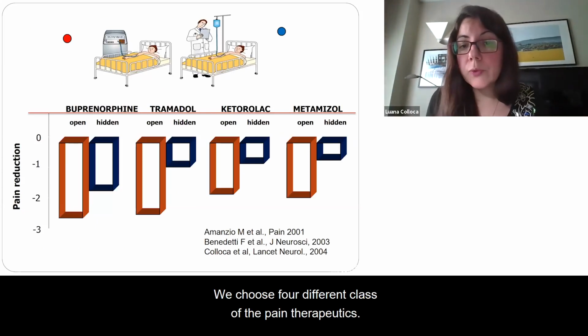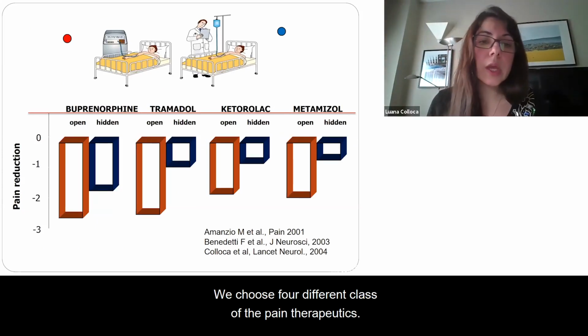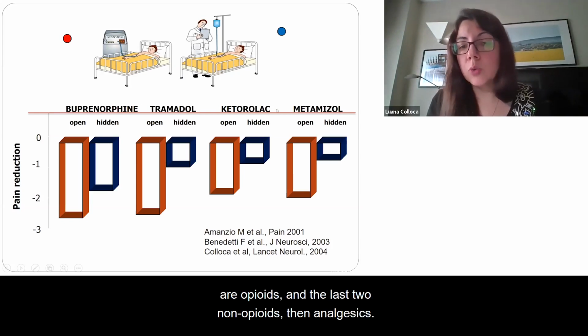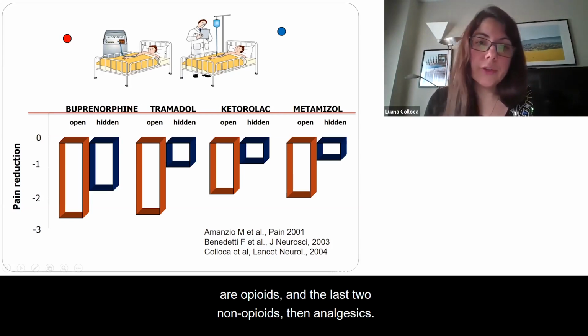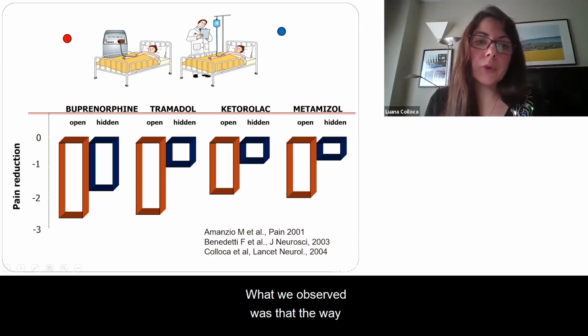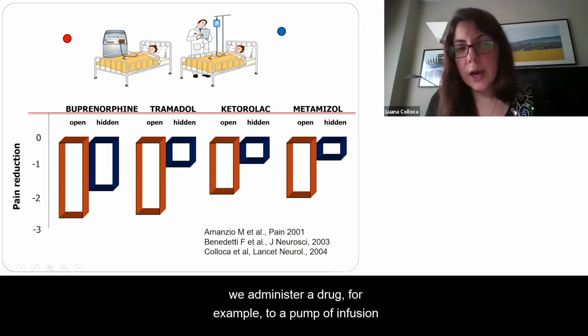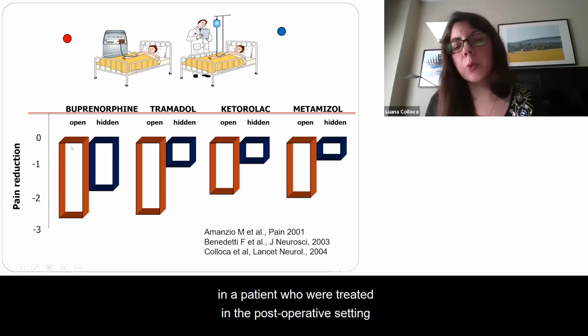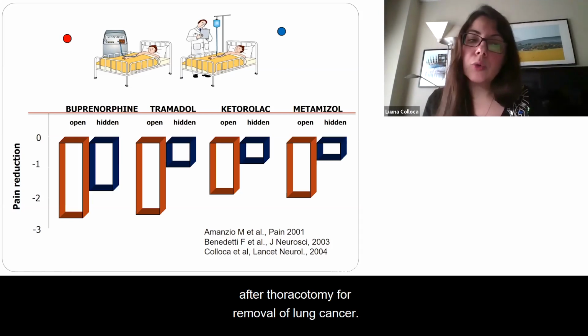We chose four different classes of pain therapeutics. The first two, buprenorphine and tramadol, are opioids, the last two non-opioid pain analgesics. What we observed was that the way we administer a drug, for example, through a pump of infusion controlled by a computer, determined a different outcome in patients treated in the postoperative setting after thoracotomy for removal of lung cancer.